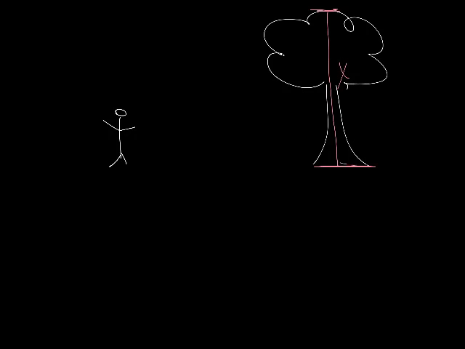The sun is shining from back here. So we've got a yellow sun, and it's shining, and it makes a shadow. And let's make the shadow blue here. So it casts the shadow of this tree. But it also casts a shadow of you.